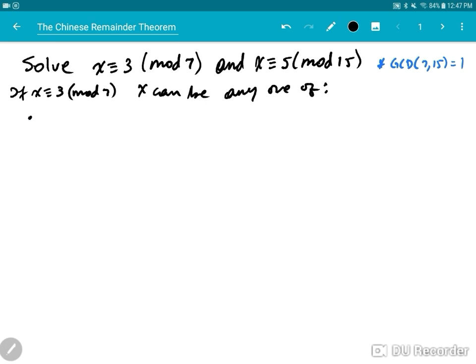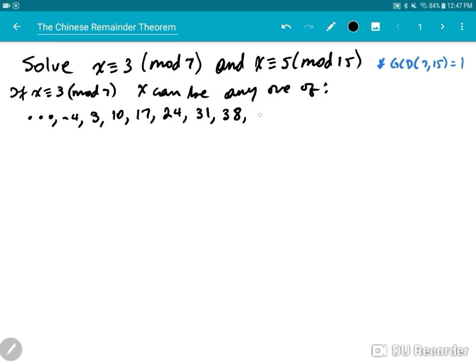It could be a negative number such as -4, or maybe 3, because 3 is congruent to 3 mod 7, or 10 is congruent to 3 mod 7, or 17, 24, 31. You notice that I'm adding 7 to the previous one to get the next one.